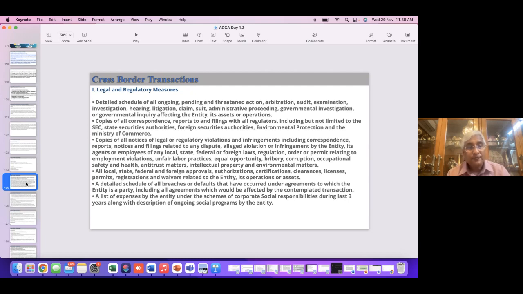been done. So a list of expenses by the entity under the schemes of corporate social responsibilities during the last 3 years, along with a description of ongoing social programs by the entity.